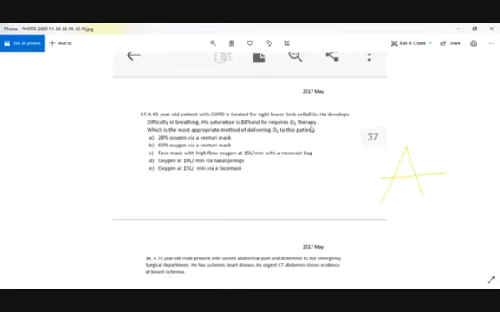Second, CO2 of 70. Third, pH of less than 7.35. Fourth, SATs of 90. Fifth, SATs of 85. When would you start non-invasive ventilation for a patient with COPD? That's the question.